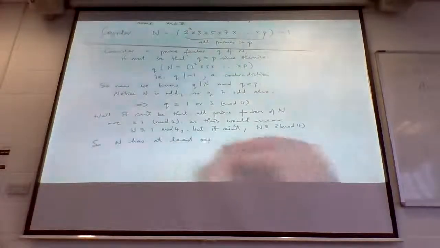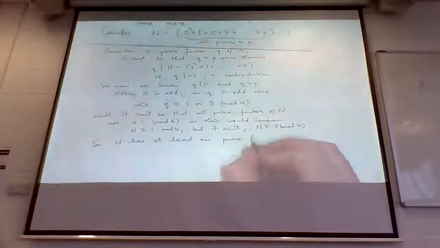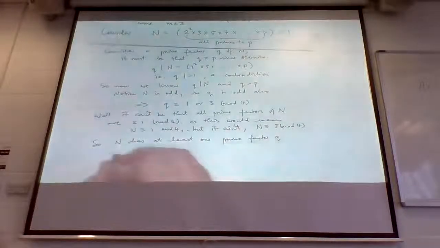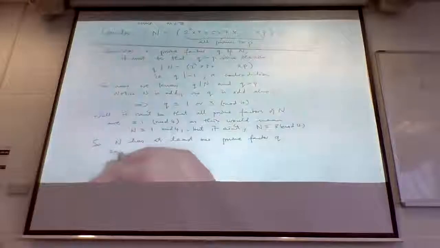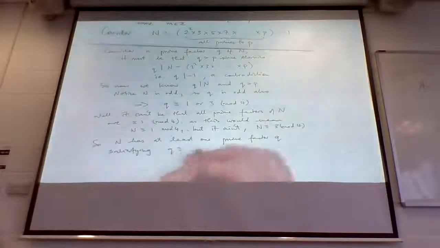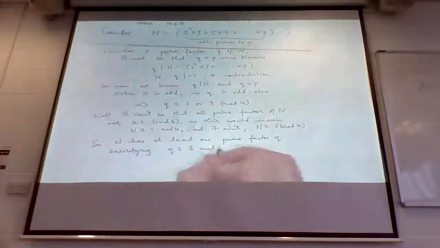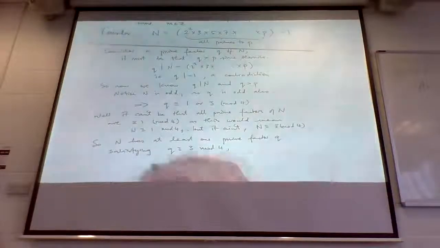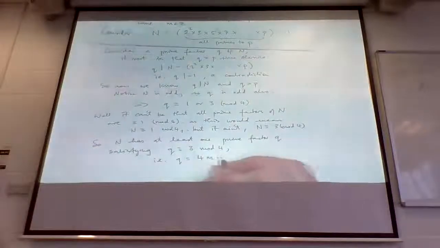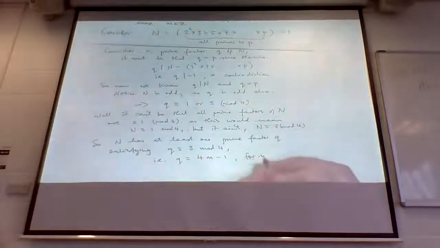So n has at least one prime factor q, satisfying q congruent to 3 mod 4, i.e., q is equal to 4m minus 1 for some integer m.